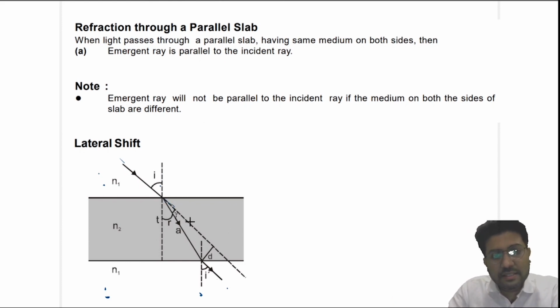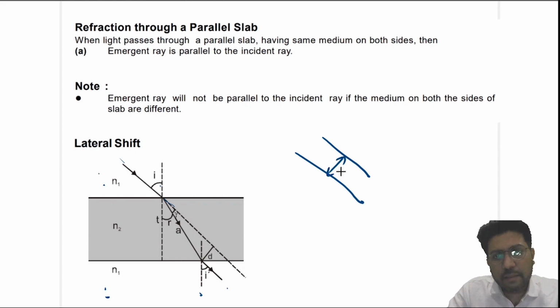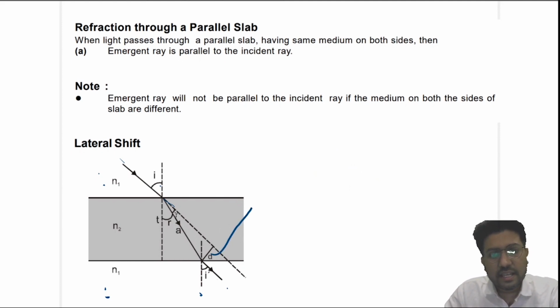That means these two lines are not collinear. They are laterally shifted by a perpendicular distance d. So we need to find this d. This d is called lateral displacement, right?